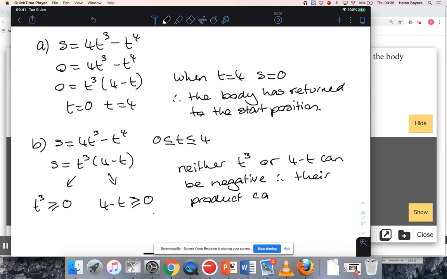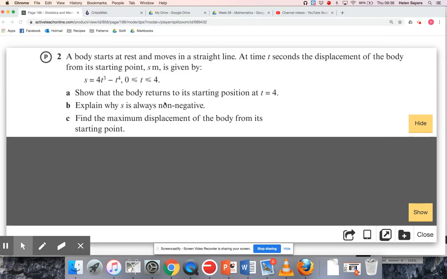Oh, hang on. Oh yeah, no, that's fine, right? So neither t cubed or 4 minus t can be negative, so therefore their product can never be negative. And when they said non-negative rather than positive, that wasn't just being awkward. We can't say it's always positive because it could equal 0. So that's why they said non-negative.